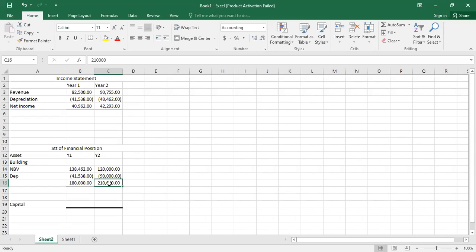I'm trying to avoid using your accumulated depreciation as at the end of year one. Reason being, I know the current. If I was to depreciate my building for this year, I know it will be 48,462. So for 2 years, it will be double this amount instead of 41,538. Am I making sense?